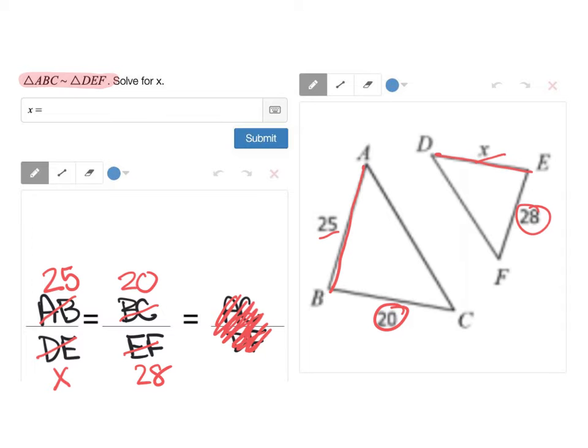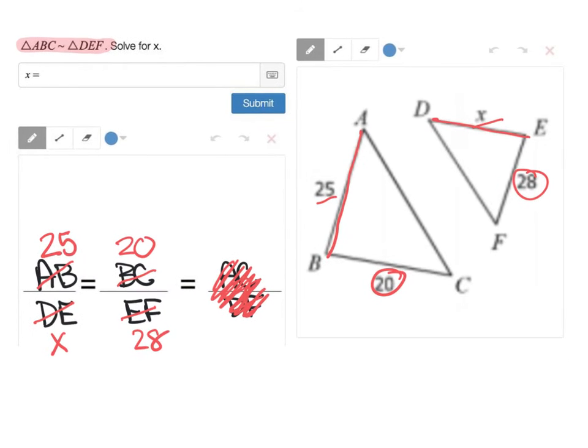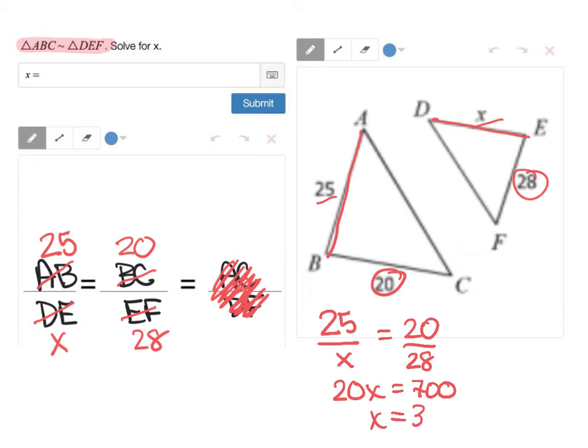So I'm really just solving 25 over x equals 20 over 28. So that'll give me 20x equals 700. Divide, and we get 35.